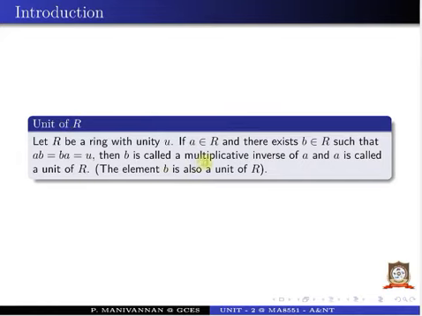Then b is called the multiplicative inverse of a, and a is called a unit of R. If two elements' multiplication is unity, then those elements are called units of the ring. Here b is also a unit of the ring.